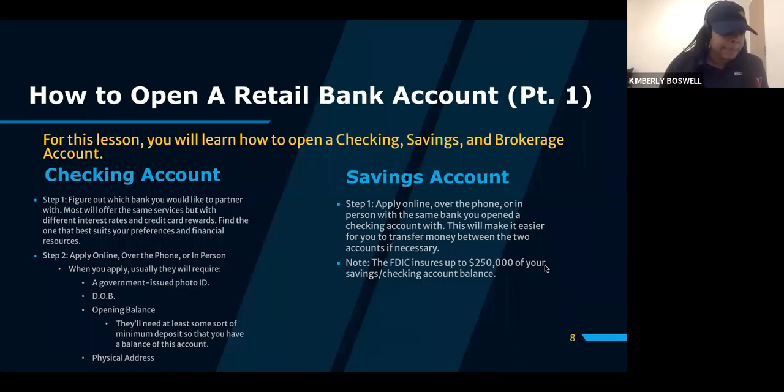All right, this part here, if most of you have a savings or checking account, you would already know how to go through this setup. But usually applying for an account here is super easy. Once you have your ID, some amount of money, and your address, and I believe a proof of address may be needed.